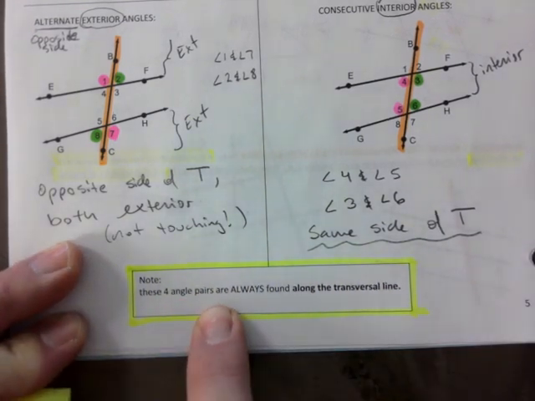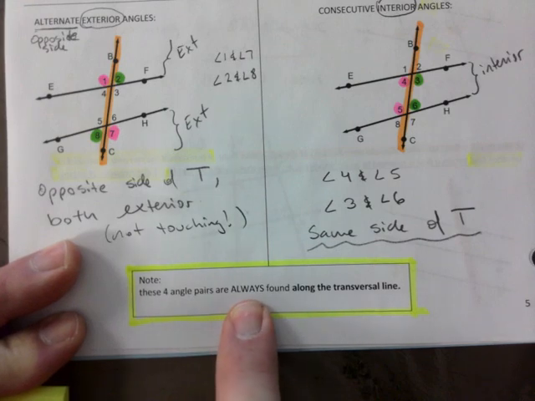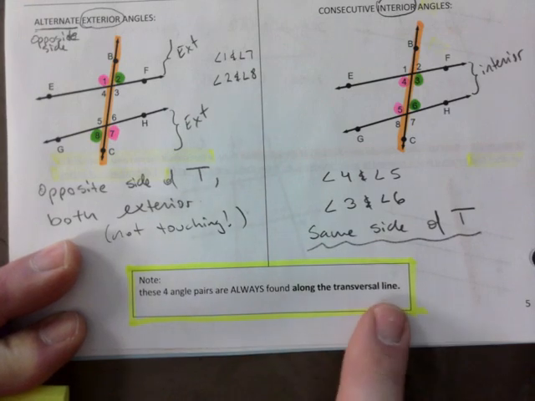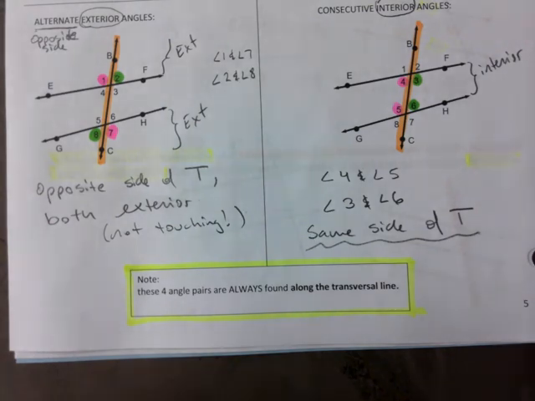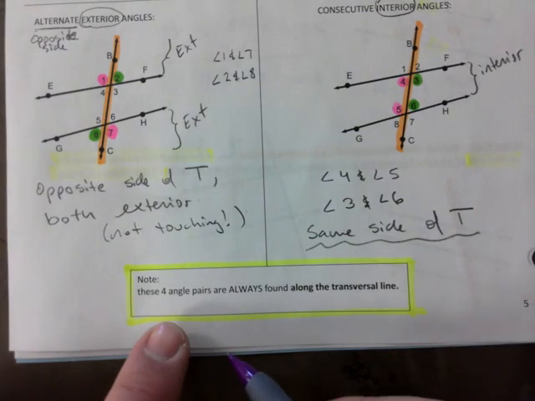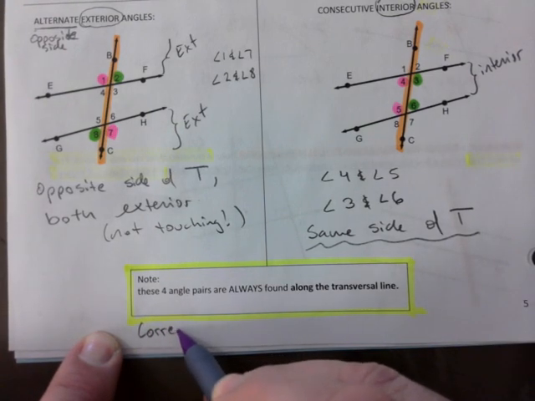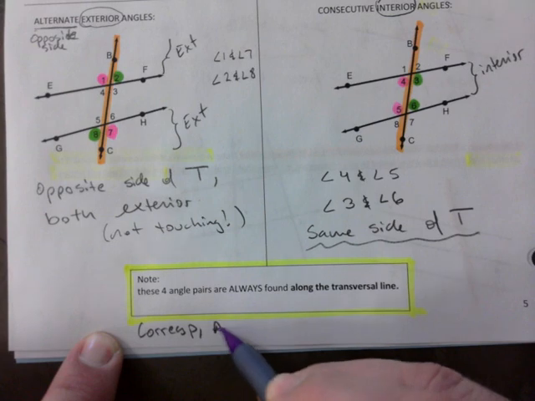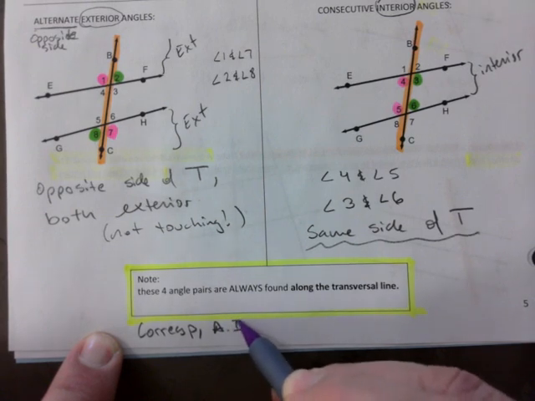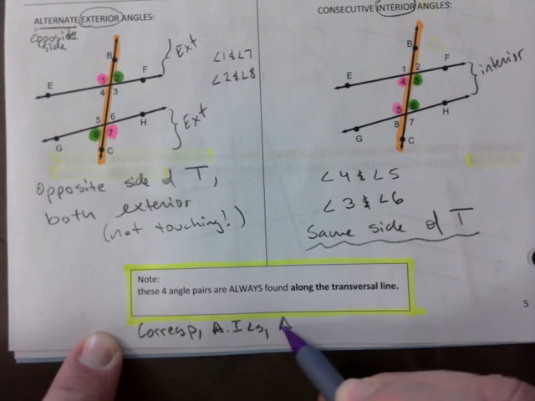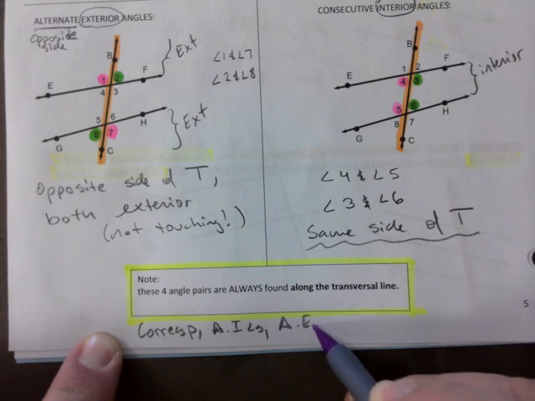I will say this, very important actually. I was about to miss that, but these 4 angle pairs are always found along the transversal line. By 4, I mean like corresponding, alternate interior angles, alternate exterior angles.